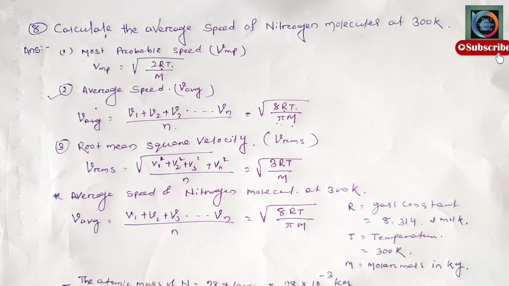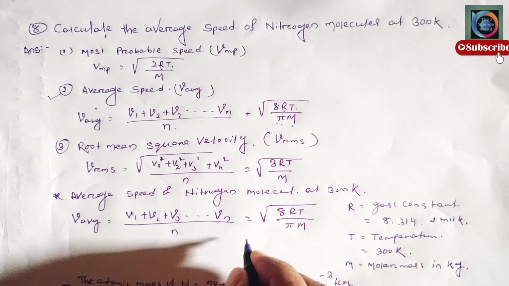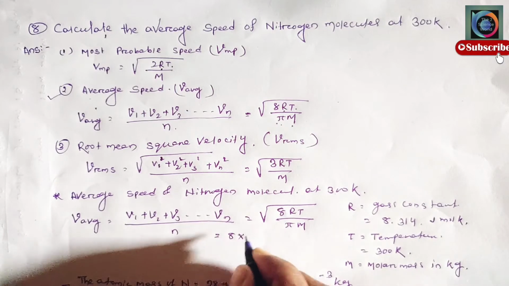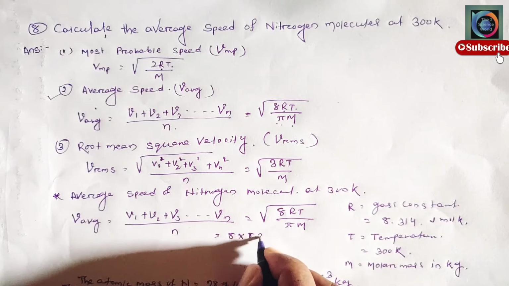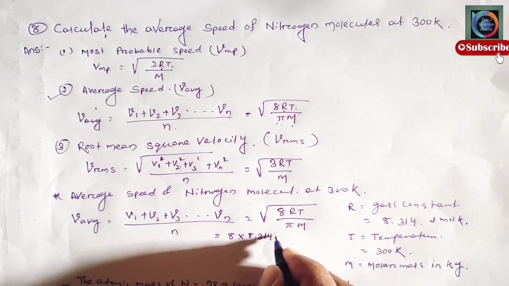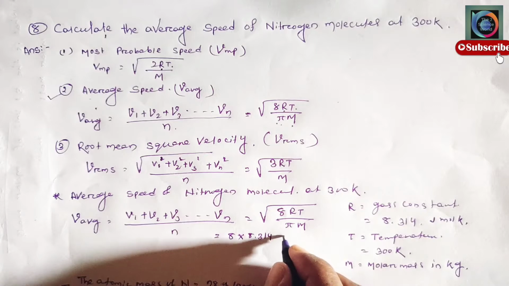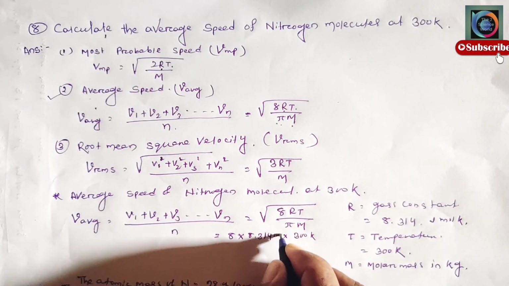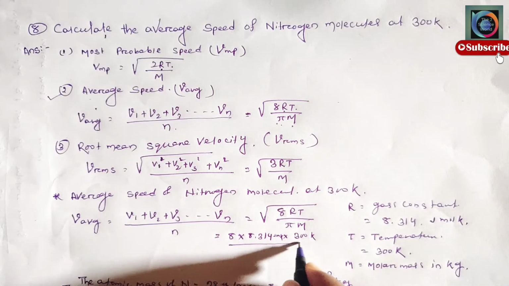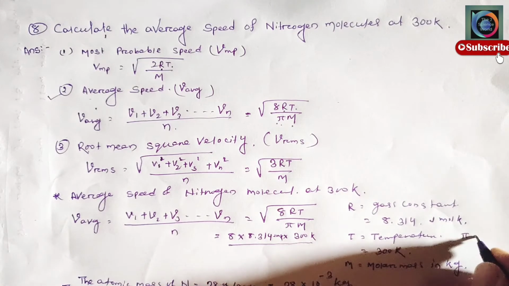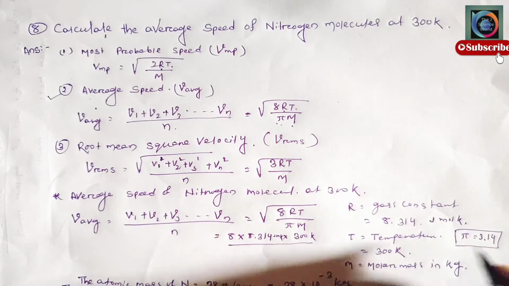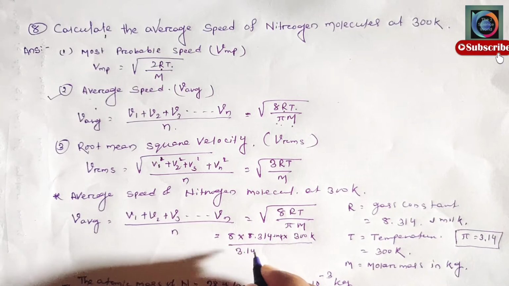Well, we just put all these values in this equation, we will get 8 into 8.314 joule per mole Kelvin, then temperature 300 Kelvin, and the pi value we will take 3.14. This is our pi value 3.14.